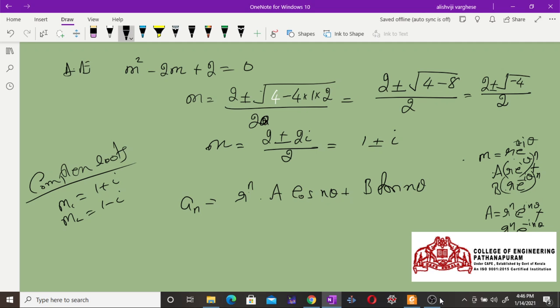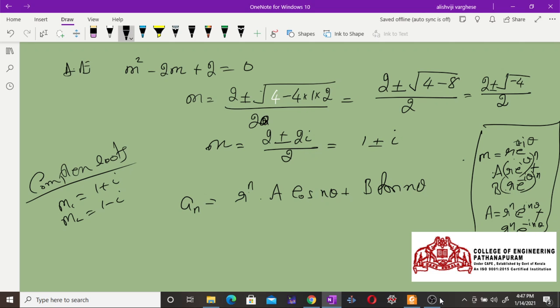We can expand e raised to i n theta as cos n theta plus i sin n theta, and e raised to minus i n theta as cos n theta minus i sin n theta. On simplification, this will take this particular form.